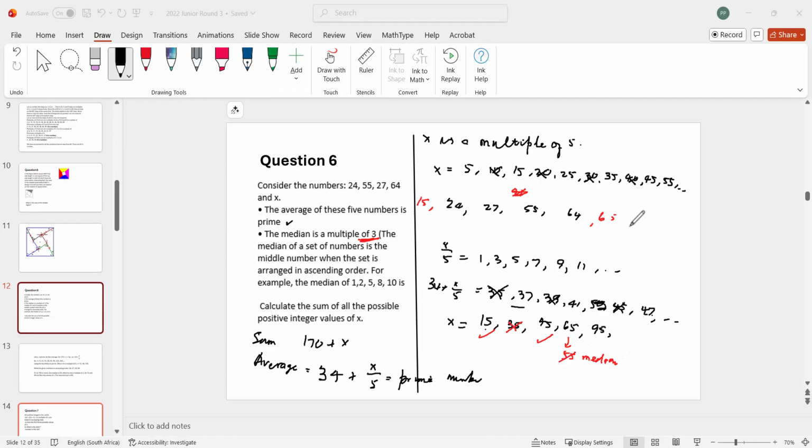And beyond this, 95 and so on, the median will always be 55. You got 2 in the front, and 2 at the other end. And none of these will work because 55 becomes a median in all those cases. And that's not a multiple of 3. So there are only 2 possibilities for x, namely 15 and 45.